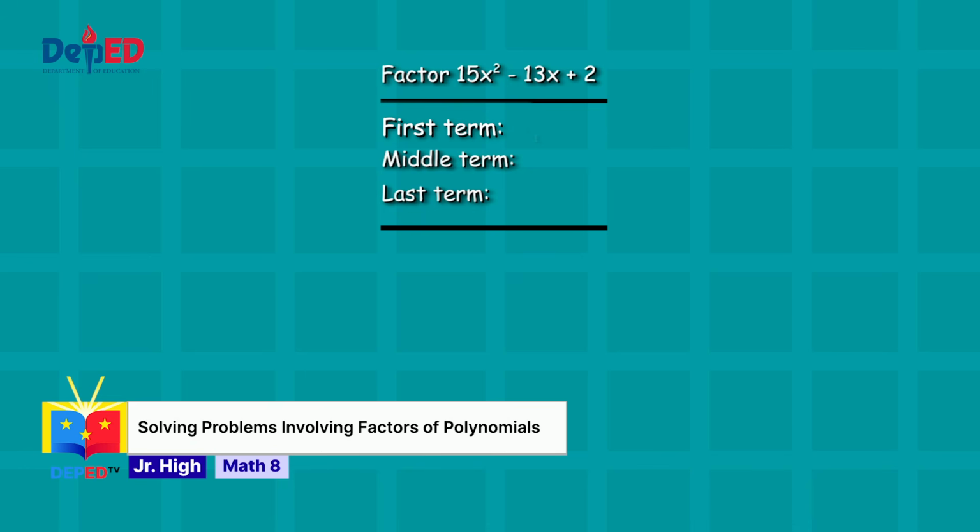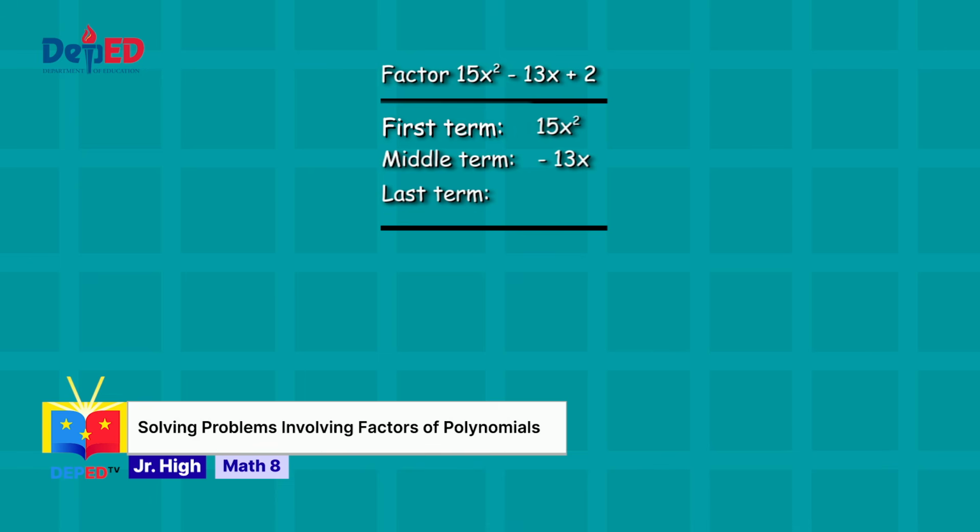So we just factor the given general trinomial. When factoring the general trinomial, we identify the first, the middle, and the last terms with their corresponding signs. The first term is 15x squared. The middle is negative 13x.